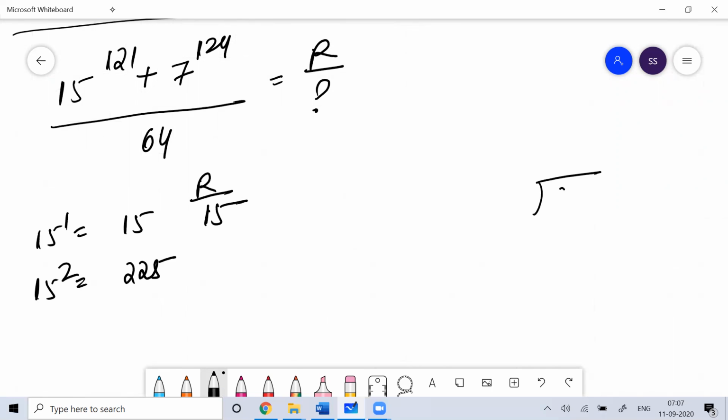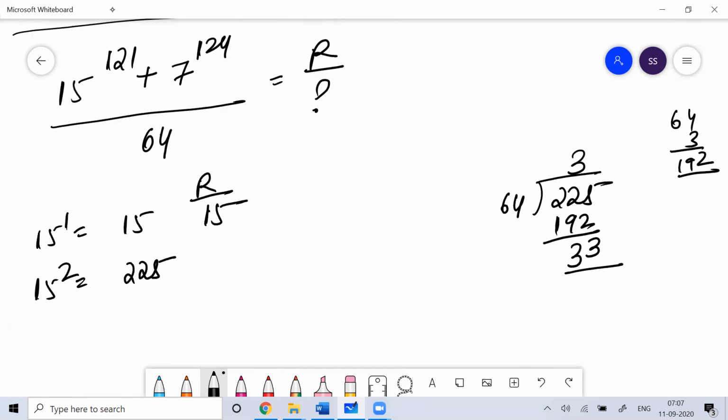If you divide 225 by 64, 64 threes are 192, and the remainder is 33.